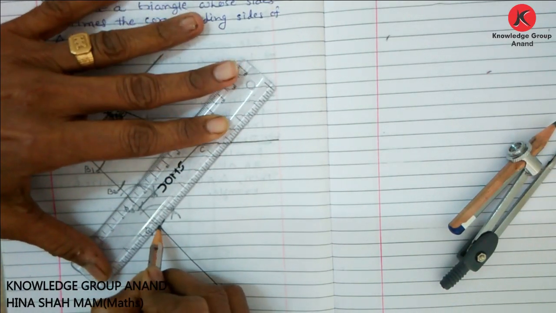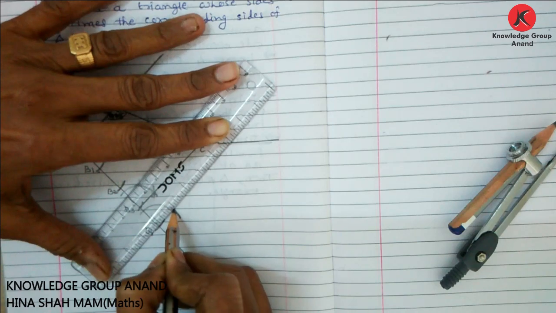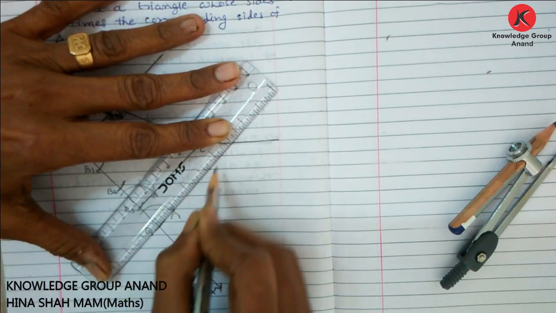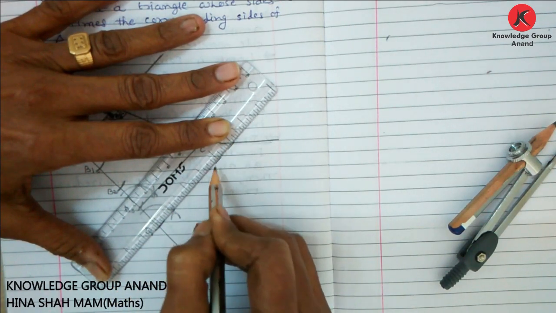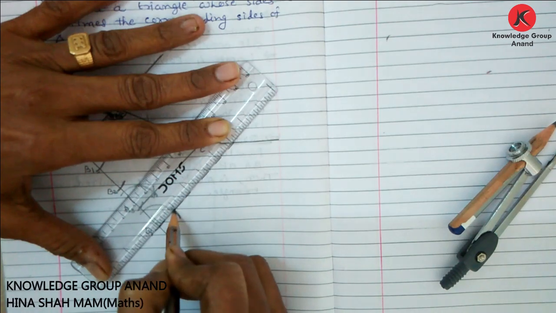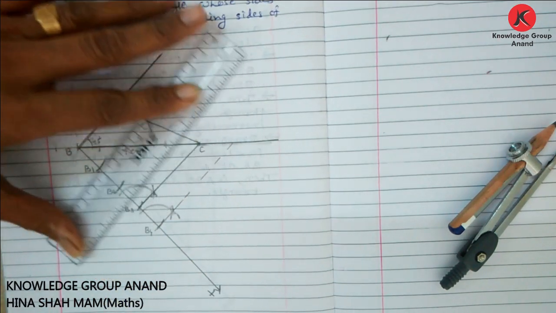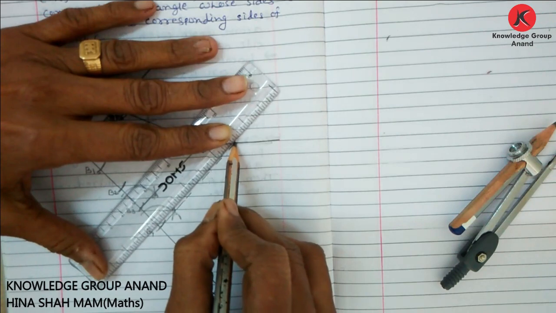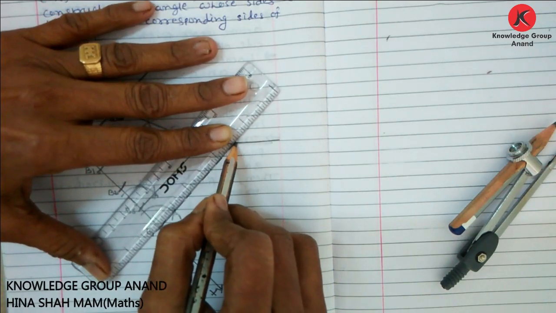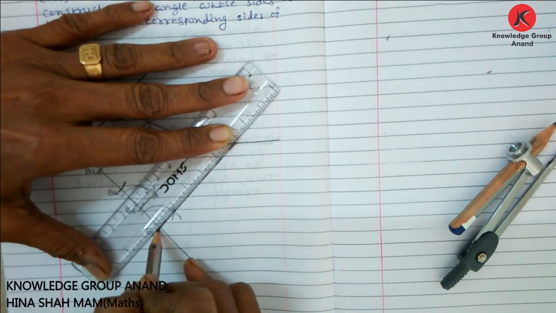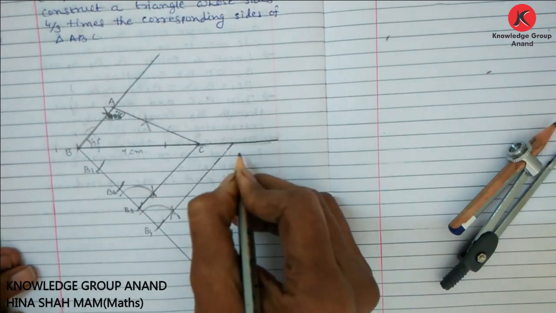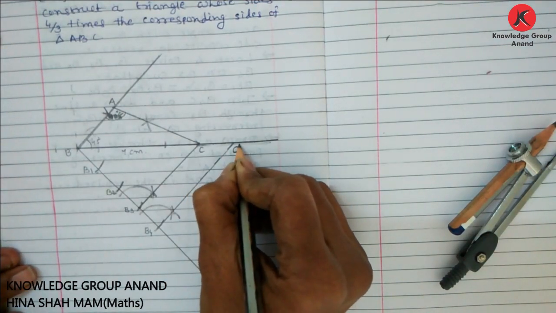Here parallel to B3C to B4. First we draw light line and join it and dark line. It's intersect at C dash.